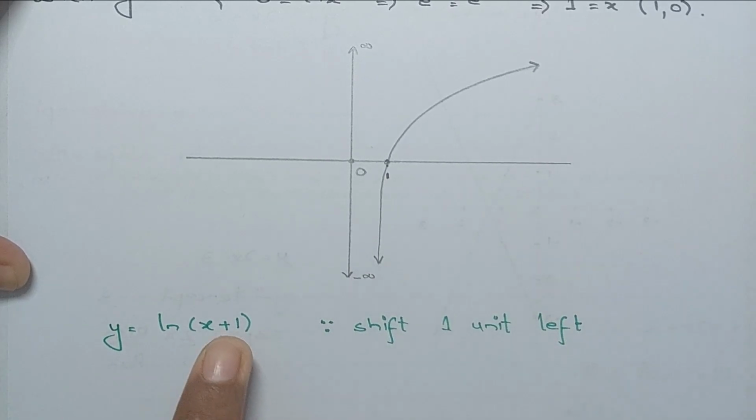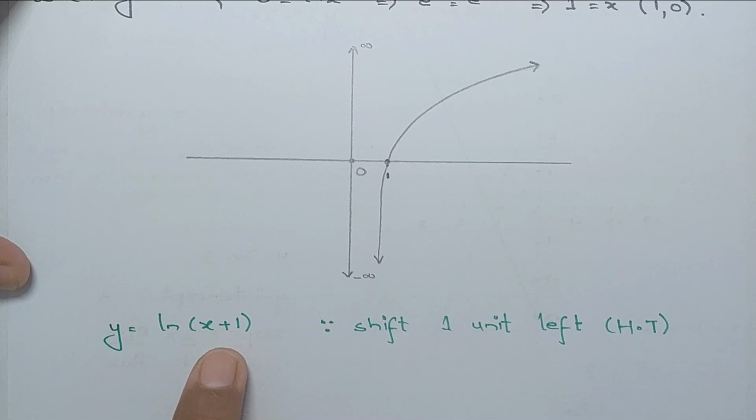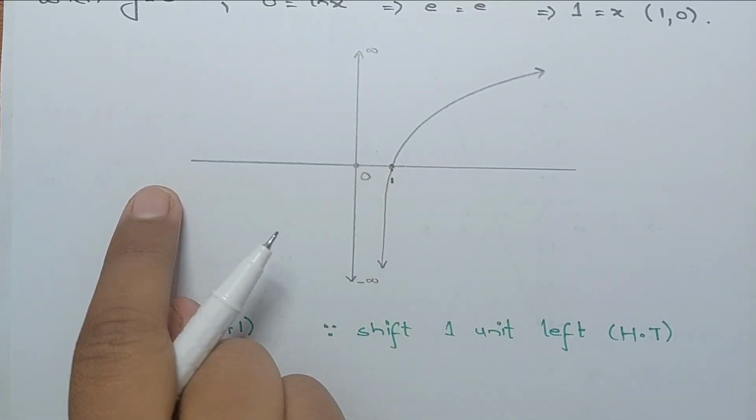This is a horizontal translation. Anything added or subtracted with the value of x is your horizontal translation. When it is added, we have to move left. When it's subtracted, we have to move to the right. So the whole graph shifts 1 unit to the left.